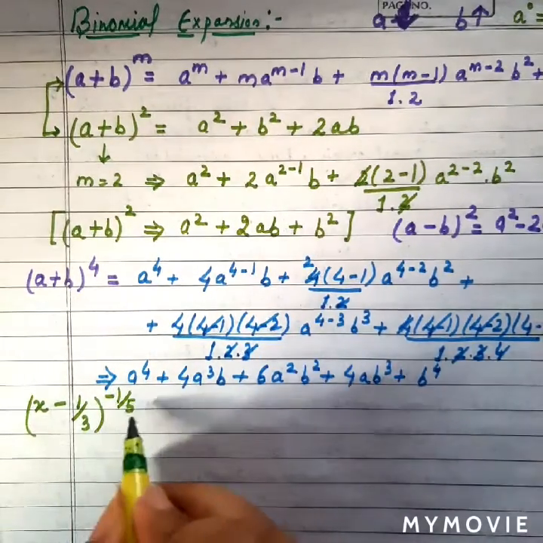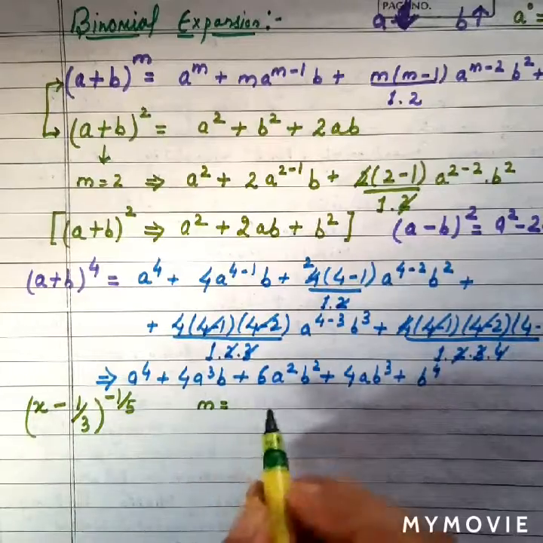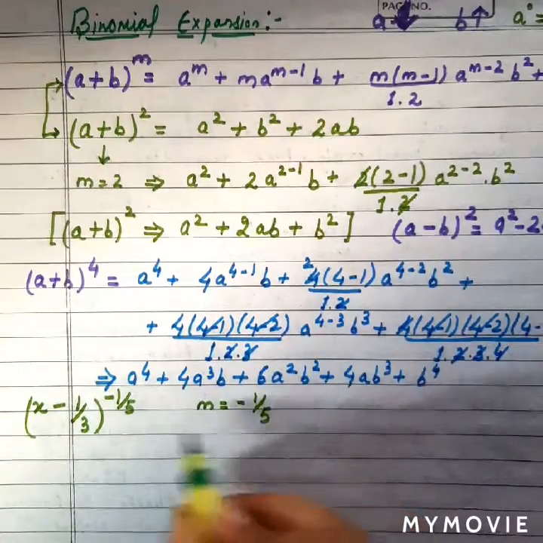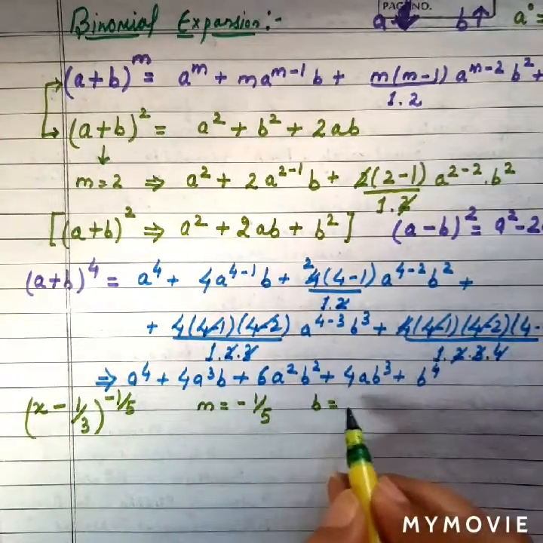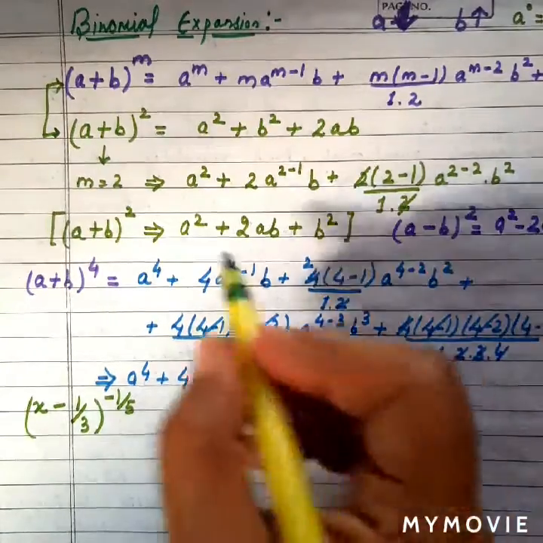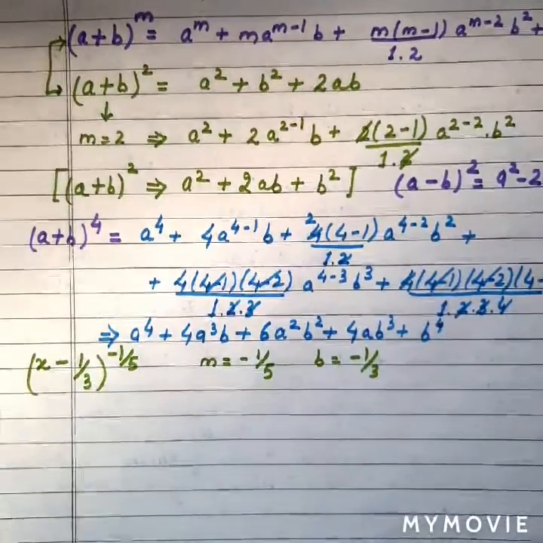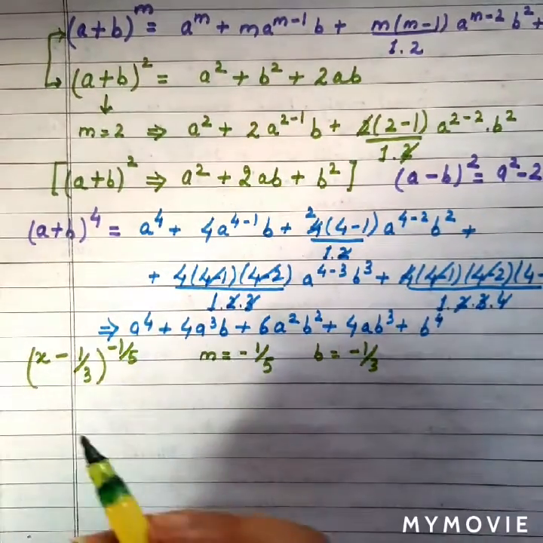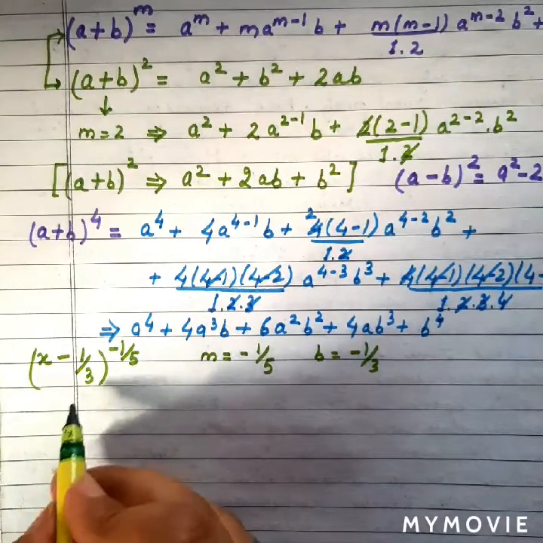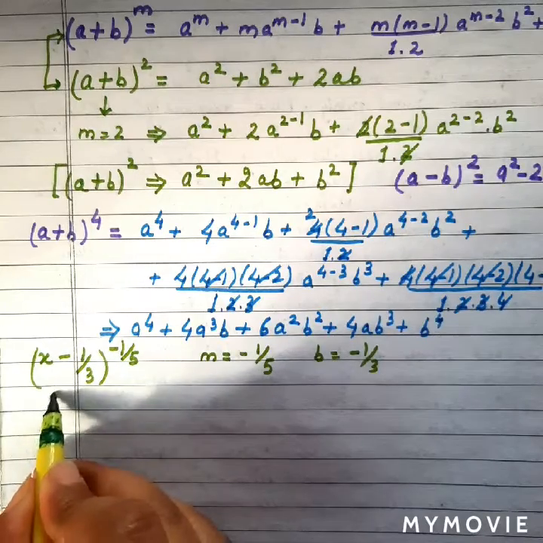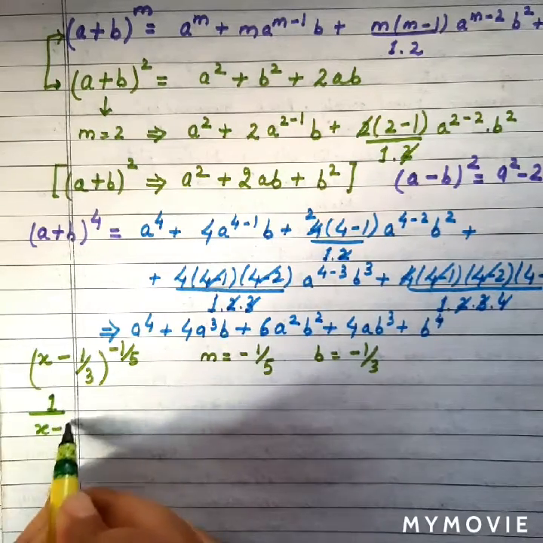So simply what we will do is, here we will take m raised to power minus 1 upon 5, and b would be equal to minus 1 upon 3, and we will apply this formula and we will find the value. Fine.